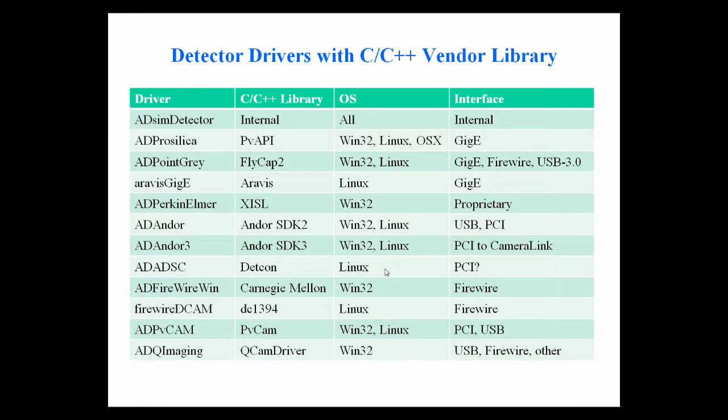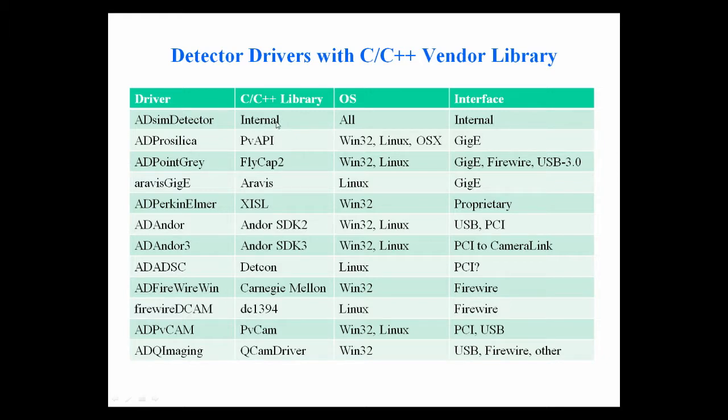So I've got a table here that lists the existing drivers and how they're interfaced. The first page here is drivers for which the vendor provides a C or C++ library. And I can just go through this quickly. So you've got the SimDetector, of course.